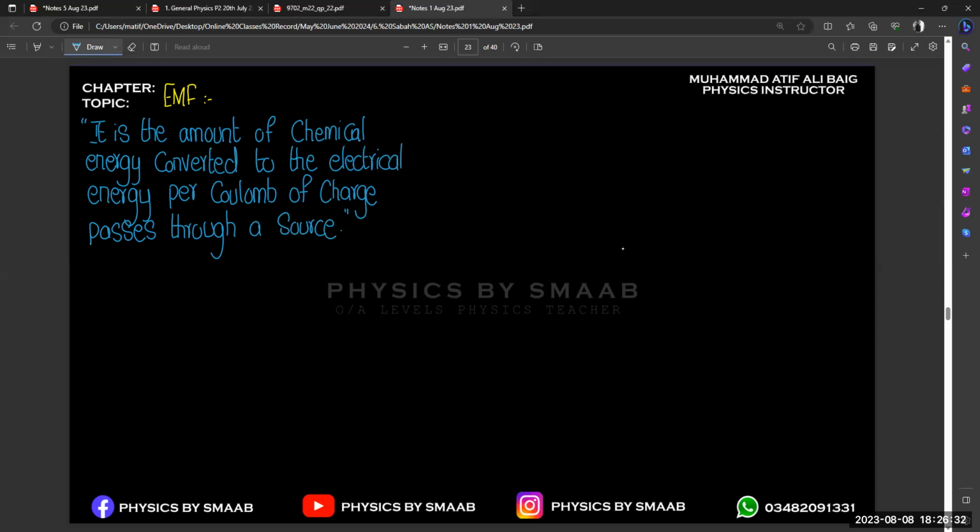So this is the definition for EMF, and we can use the same formula for EMF that we use for the potential difference, because there is no such difference between them; both are energy per charge.